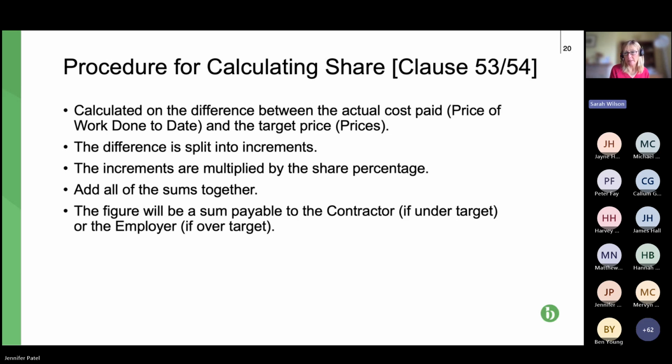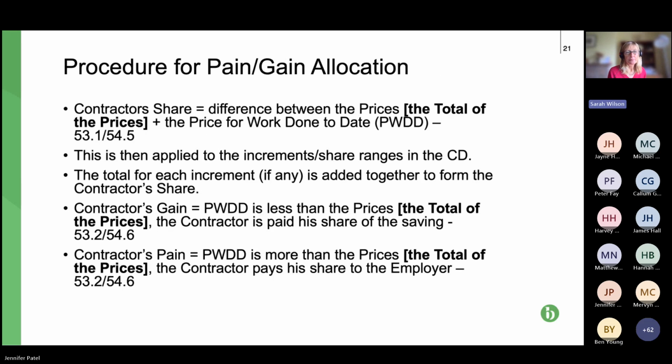So it's slightly unusual all round, and I suspect it could be challenging for the party trying to recover money. So if we can move to the next slide, please. Okay, so that just repeats what we've looked at, but gives the clause numbers. So we can move on.